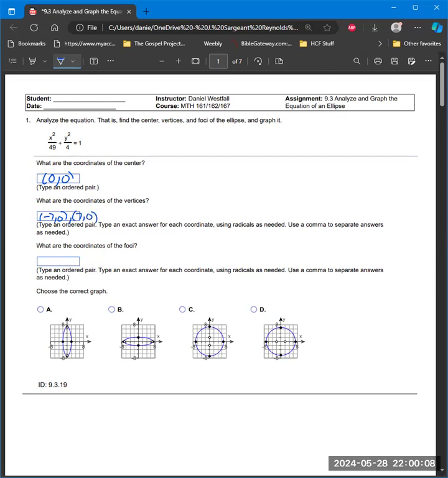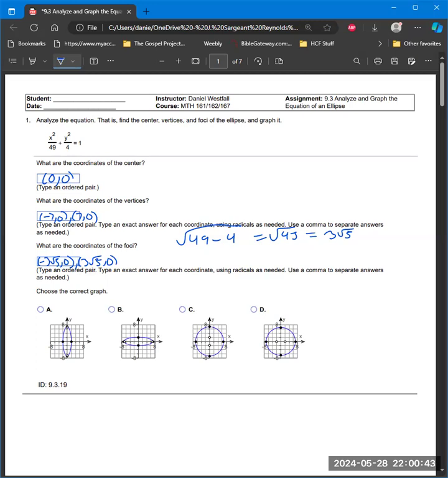And then for the foci, that's going to be the big number on the bottom minus the little number on the bottom inside the square root sign, the square root of 45, which is 3 root 5. That goes in the direction of the major axis. So this is going to be -3 root 5, 0, and then 3 root 5, 0, like that.